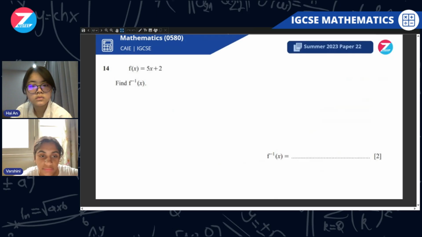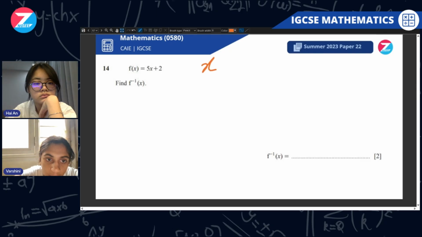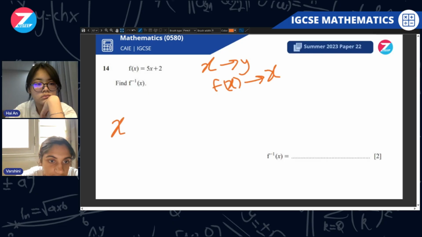Okay, question 14, find f inverse of x. So we have f of x equals 5x plus 2, and we know that to find f inverse of x, we have to replace x with y and f of x with x. So when we rewrite this equation, we get x equals 5 into y plus 2.